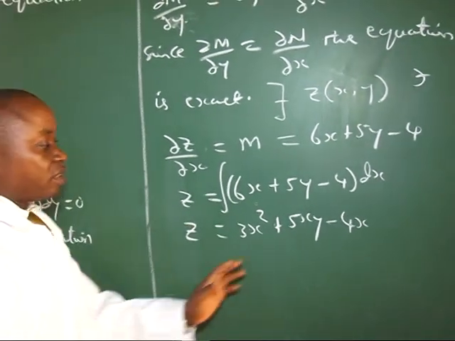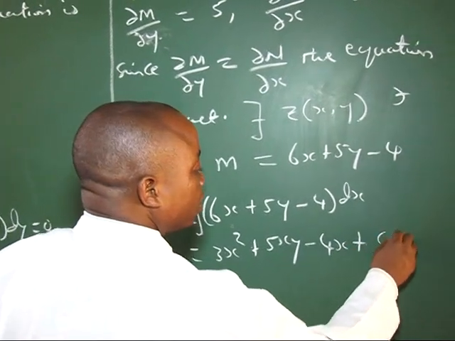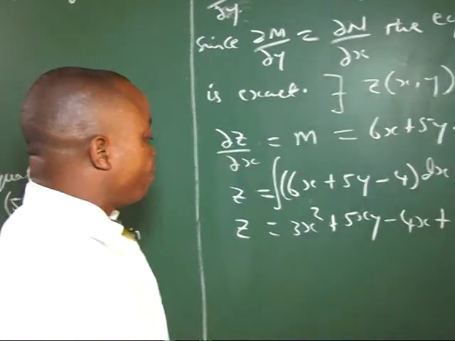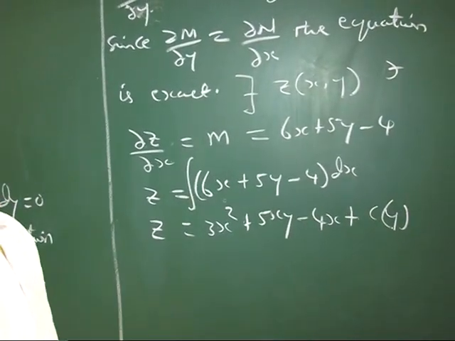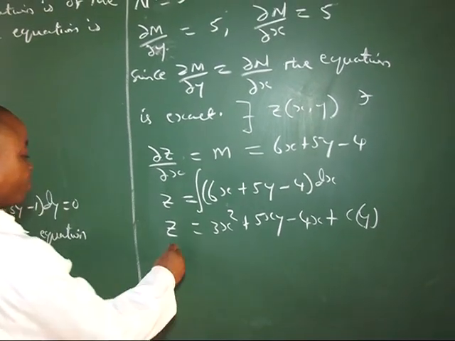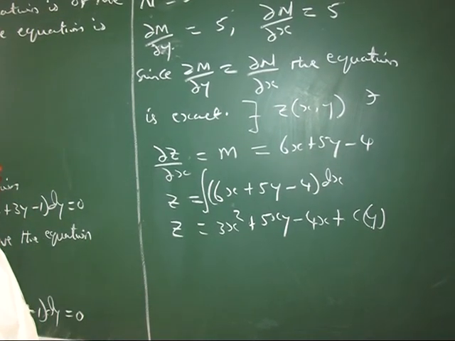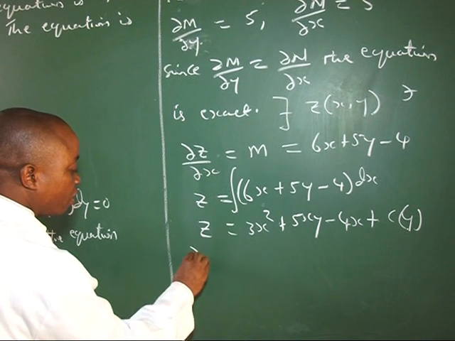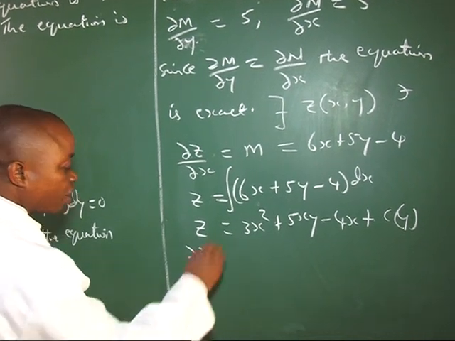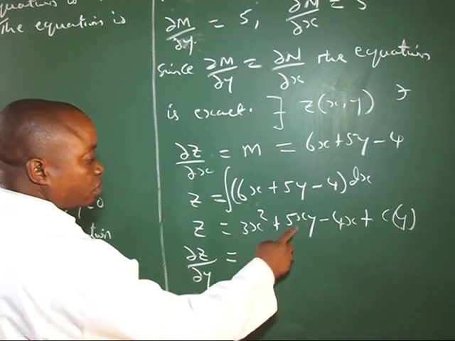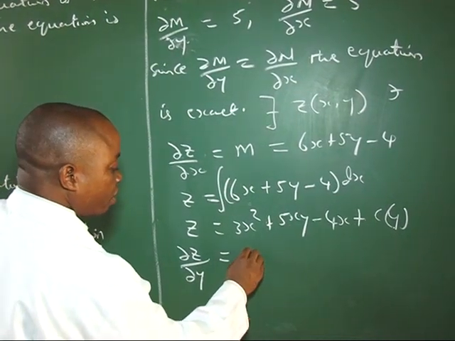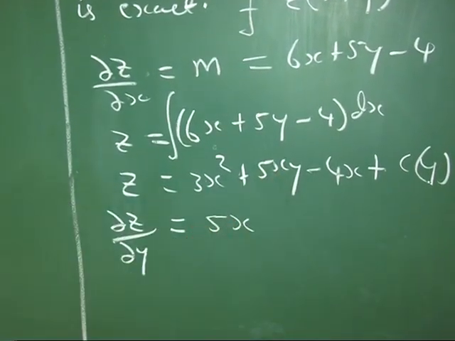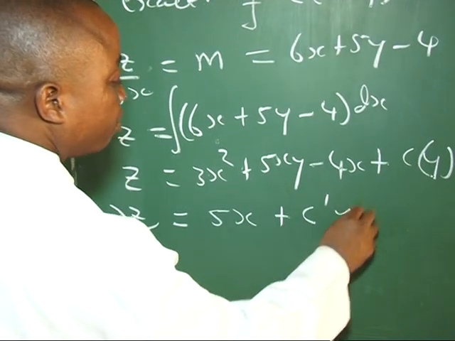So it means that z is equal to this, plus c of y, which is the constant in this context. The next thing I will do is to differentiate this function with respect to y. Then partial z partial y will be 5x plus c prime of y.